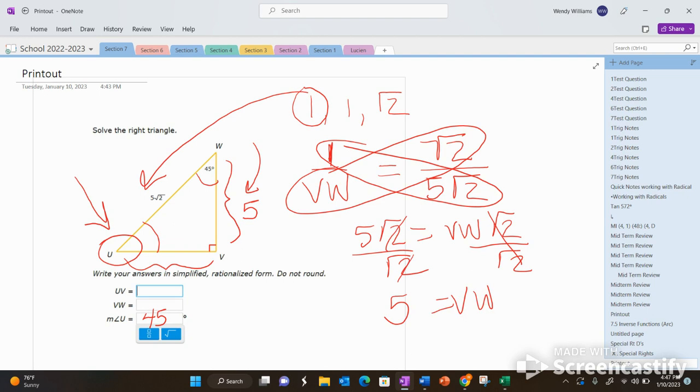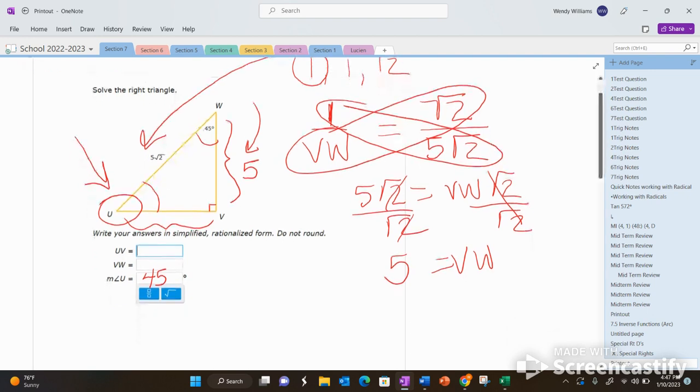Another way we could have looked at it is we said, hey, if we know the leg times the square root of 2 equals the hypotenuse, we could substitute in what we know. 5 square roots of 2 is the hypotenuse.